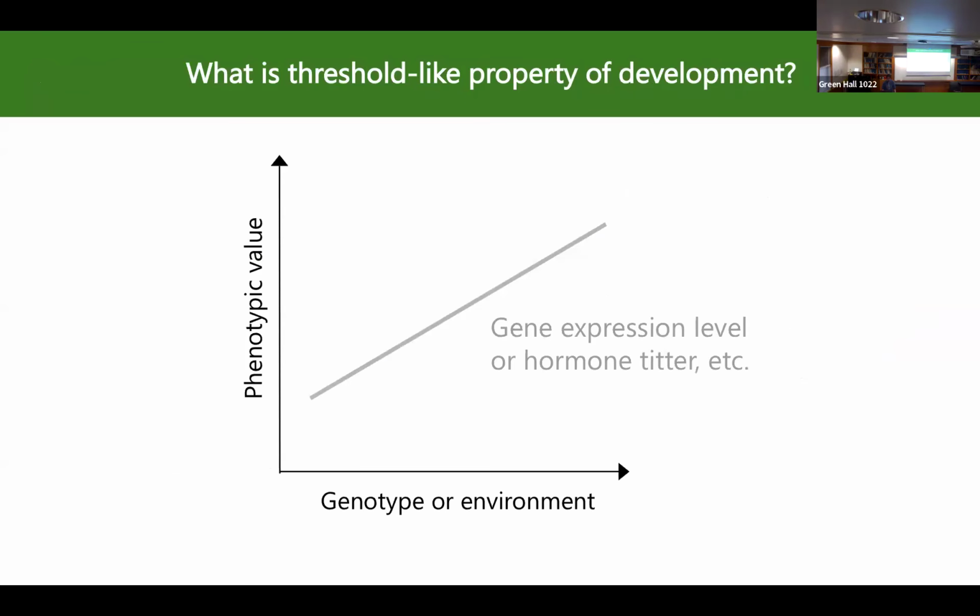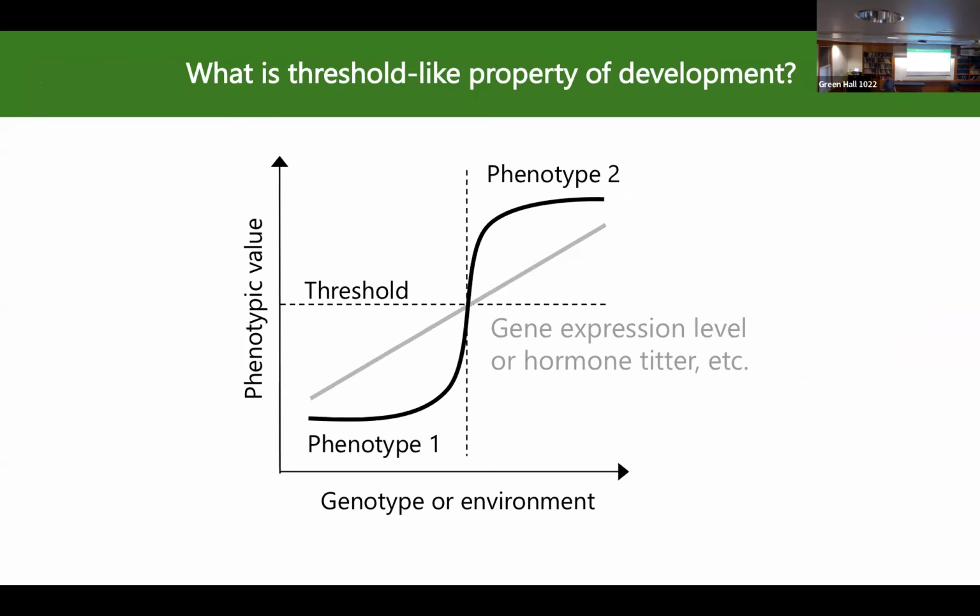For example, a threshold-like property of development can be considered. A determinant for the phenotype, such as gene expression level or hormone titer, can change linearly depending on genotype or environment. And if there's a threshold and the determinant is below the threshold, this system will have a certain phenotype.